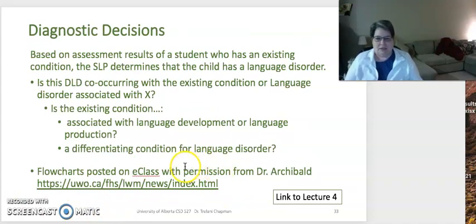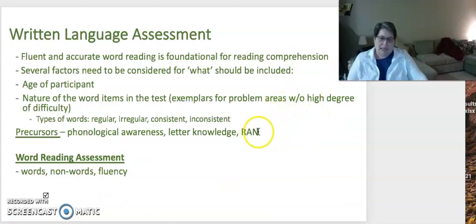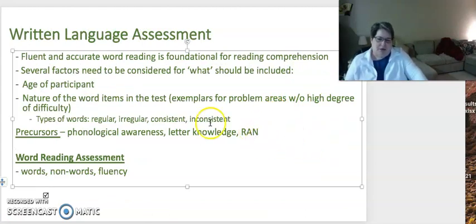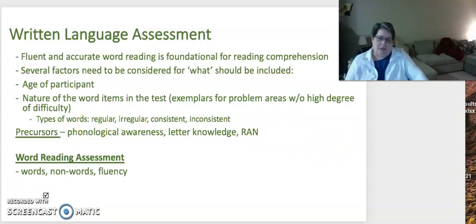And then diagnostic decisions, again, back to Dr. Archibald's flowcharts in lecture 4, making your diagnostic decision based on all of the information that you've gathered. And of course, written language assessment. So we want to pair oral and written language as often as we can.